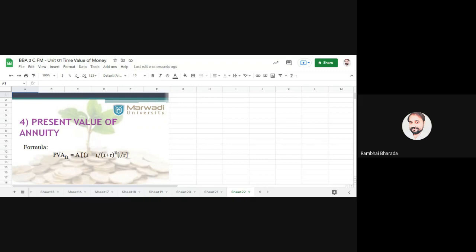We know that present value is the opposite of future value. So write down the formula: PVAn, present value of annuity, is equal to A, where A means annuity or constant cash outflow. In the main bracket, 1 minus, since present value is reverse to future value.